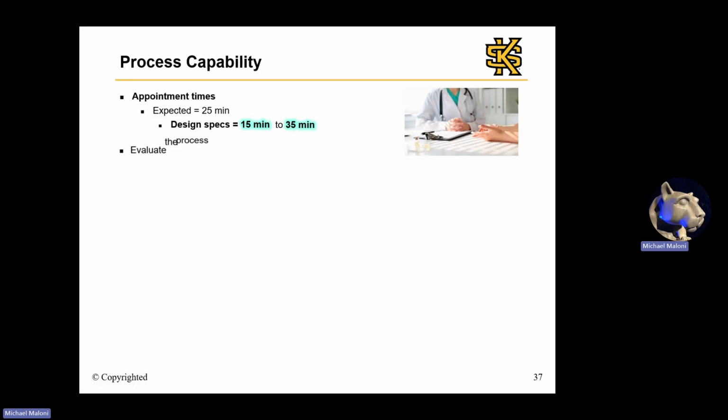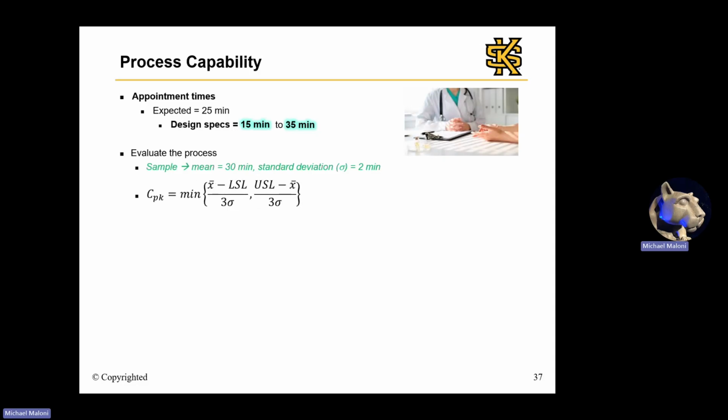Let's evaluate the process. So we take a large sample of appointment duration times and find a sample mean of 30 minutes and a standard deviation of 2 minutes. That mean of 30 minutes falls within specs, but what about the entire distribution? The CPK formula will show us. If we break it down, the first part of the formula evaluates how close -3 sigma, the lower part of the distribution, is to the lower spec limit, the LSL.